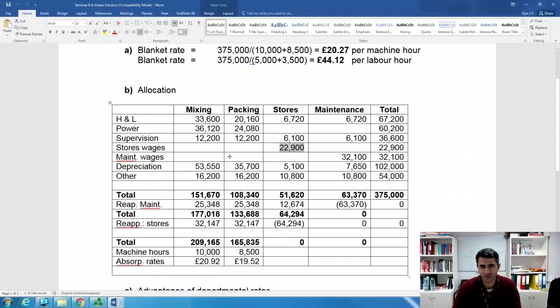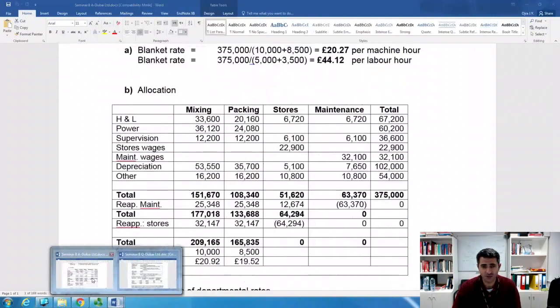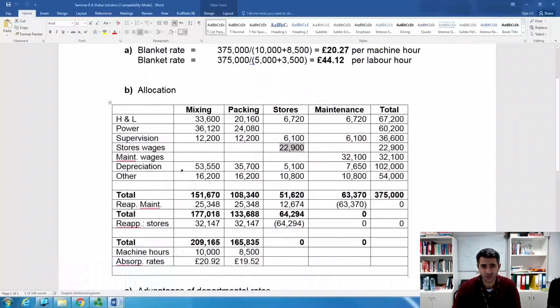We don't allocate it into the other departments. Same comes with the maintenance wages. This 3,200 is related only to the maintenance department, so you go to maintenance and include only the £3,200.